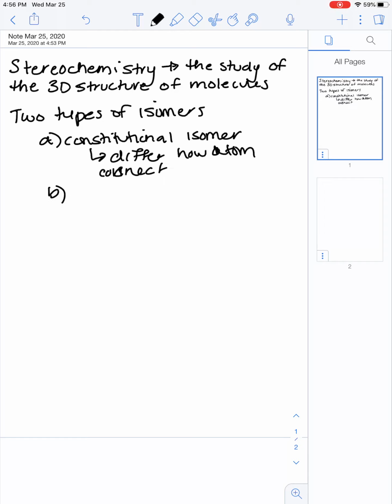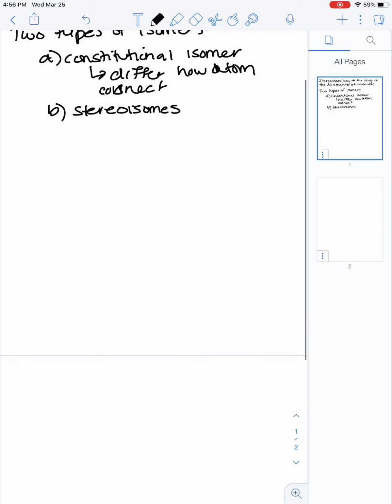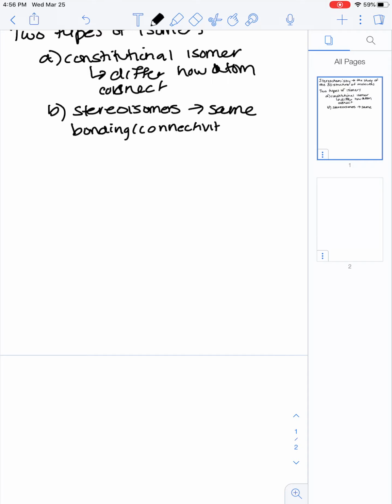We also talked briefly about stereoisomers, which are going to be the main talk of today. Stereoisomers have the same bonding or connectivity, but they differ in the way they orient in space.